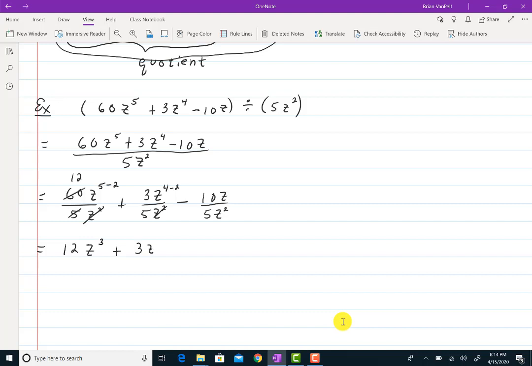So I'll be left with 3z squared divided by 5. And then for the last piece, 5 goes into 10 twice. This time the exponent on the z is bigger in the denominator, so I can cancel the top z into the bottom one by subtracting down there from the exponent. So I have 2 over z to the 1 power, or just 2 over z.